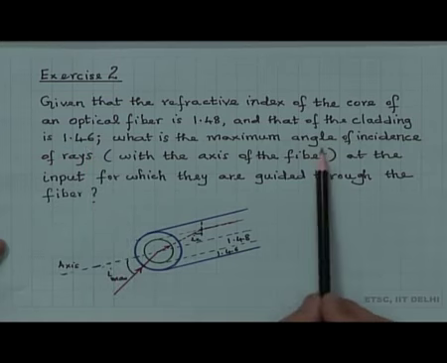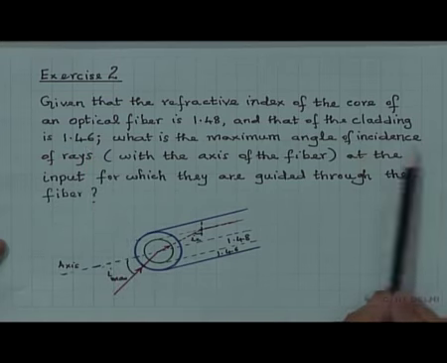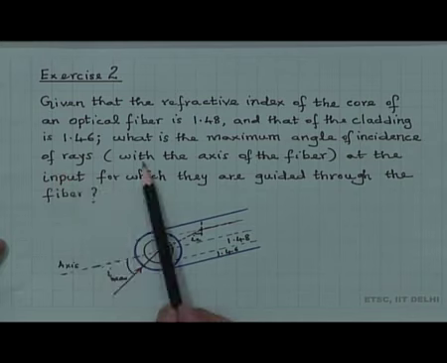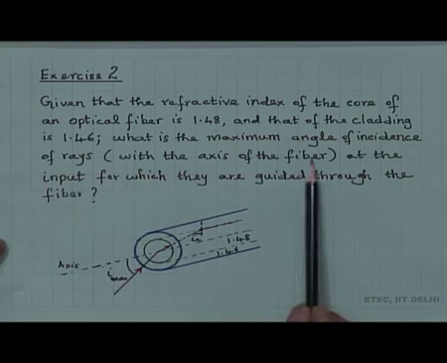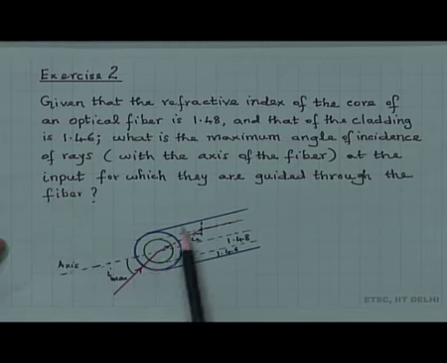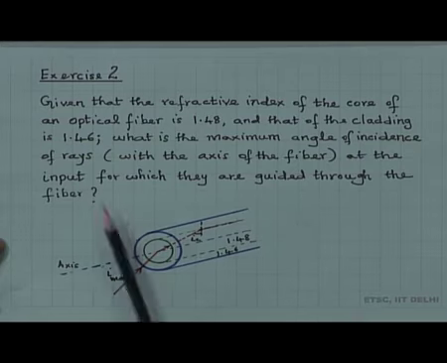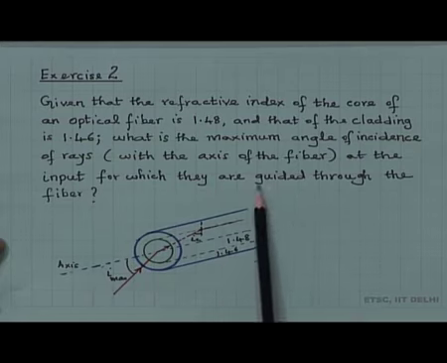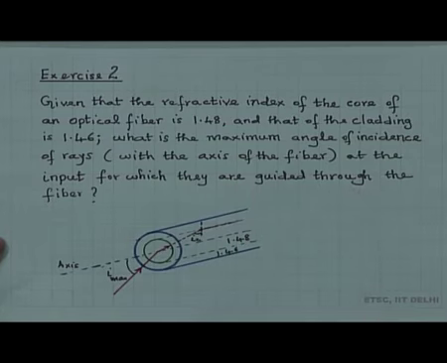What is the maximum angle of incidence of rays, the angle with the axis of the fiber at the input end of the fiber, the maximum angle with the axis for which they are guided through the fiber? The question is to determine what is the maximum angle for which the rays inside are guided.